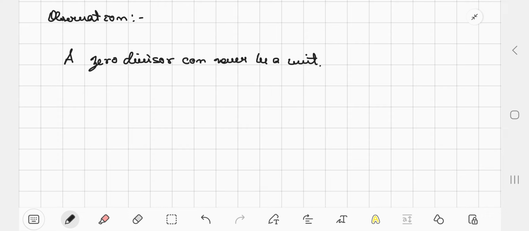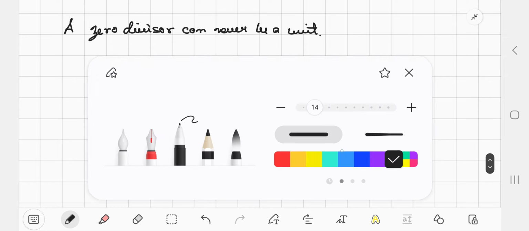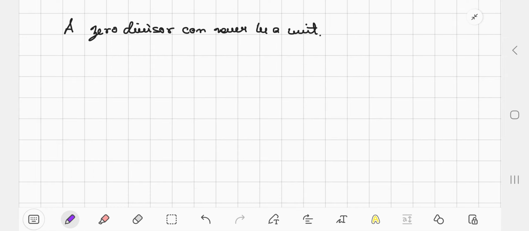Why is it so? Suppose you have a zero divisor, let's say A. Let me explain this out. Let A be a zero divisor in any ring, so that's the reason I'm not specifying a ring, and let B be such that AB equals 0.